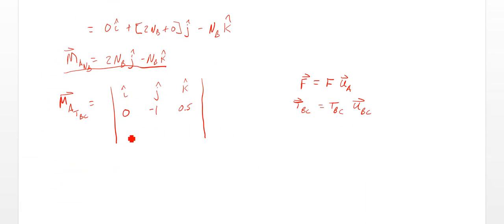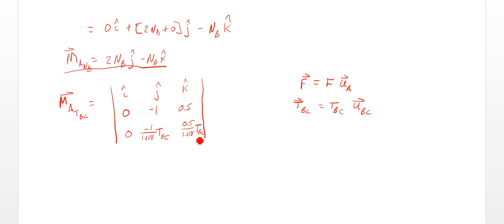So we have 0 in the x direction, -1 over 1.118 tension BC, and then we have 0.5 over 1.118 tension BC.